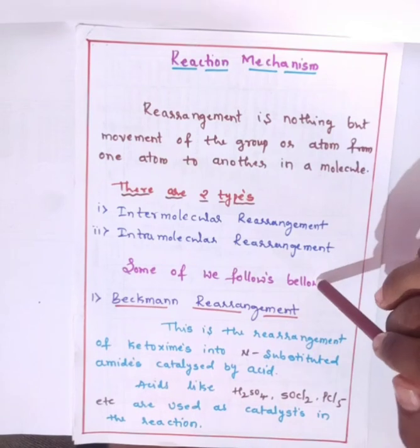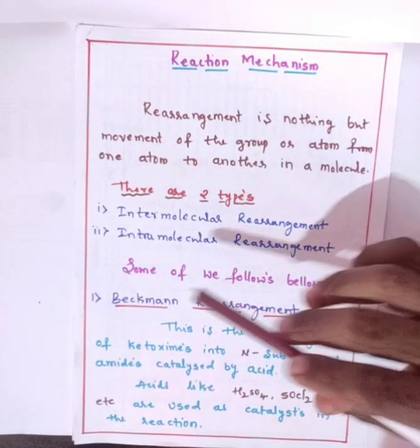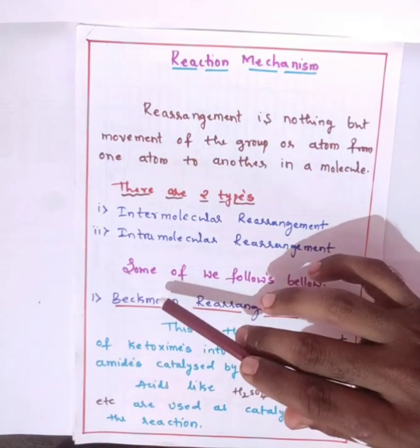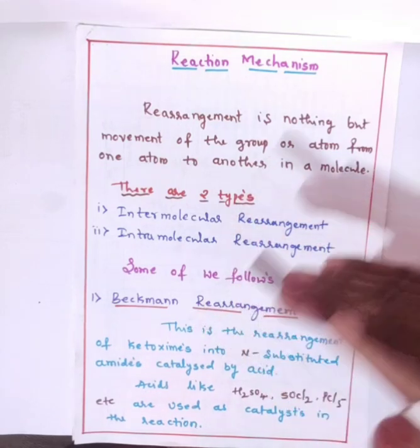The first one is the Beckmann rearrangement reaction. Here, Beckmann is the name of a scientist. In previous semesters we already learned different kinds of reactions.